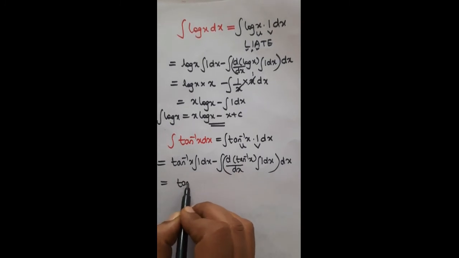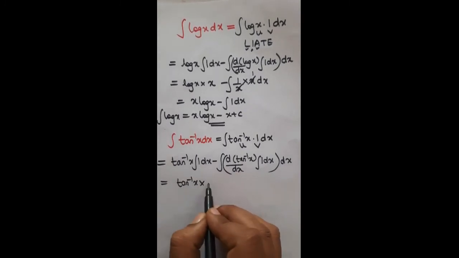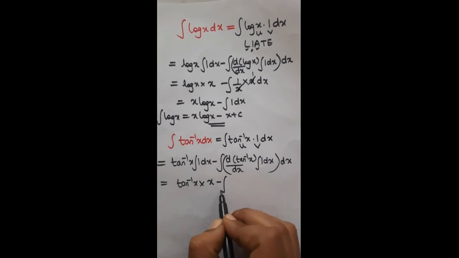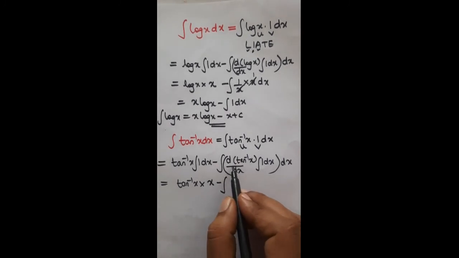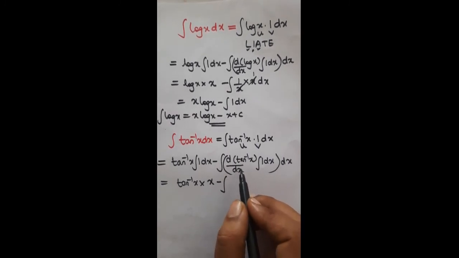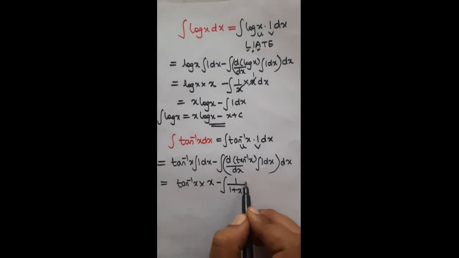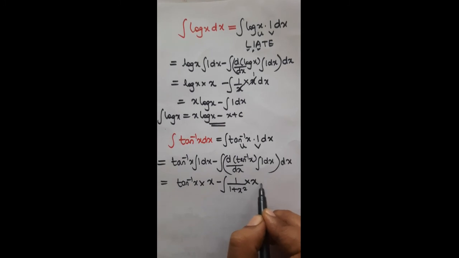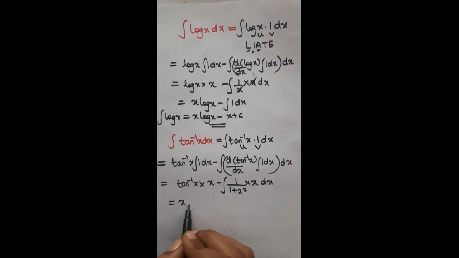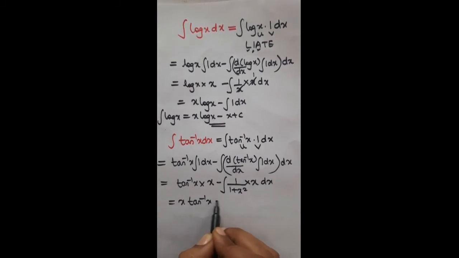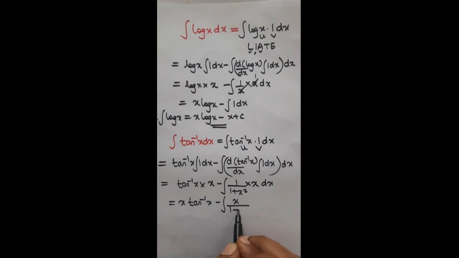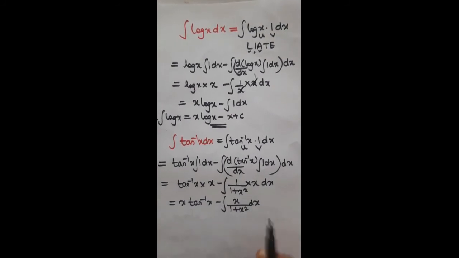So this is tan inverse x into integration of 1 is x minus integration derivative of tan inverse x is 1 upon 1 plus x square into integration of 1 is x dx. So this is x tan inverse x minus integration x upon 1 plus x square dx.